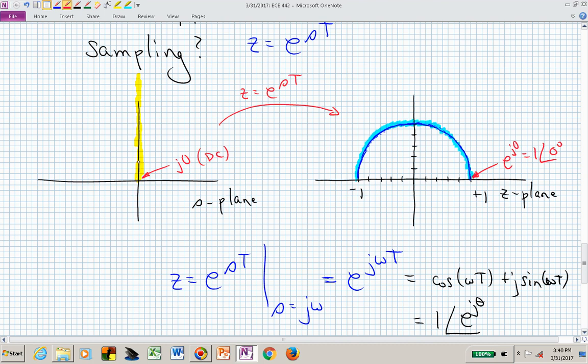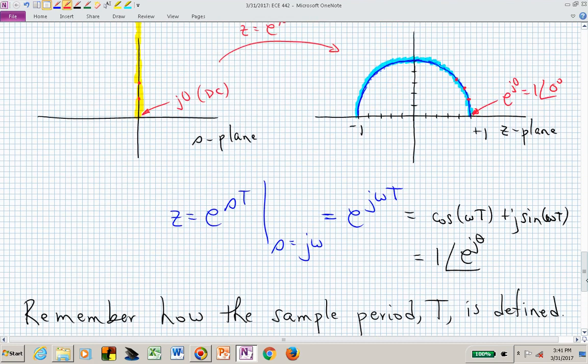And as we walk up the imaginary axis, we will see that we have the same distance away from the origin in the z-plane for each point, but its angle is being changed by this relationship between sine omega T and cosine omega T.